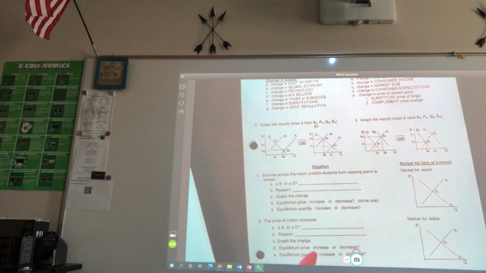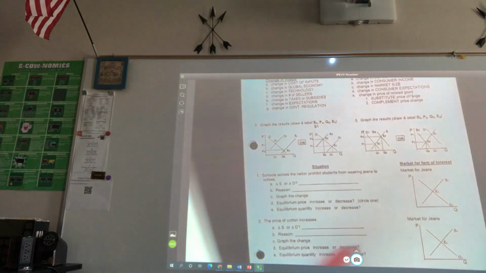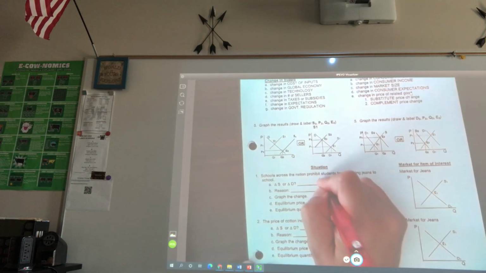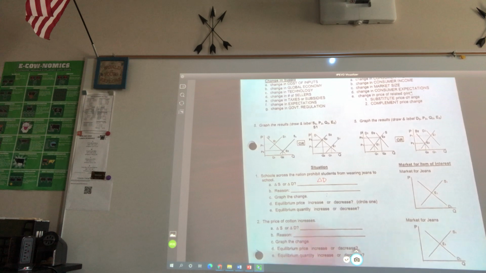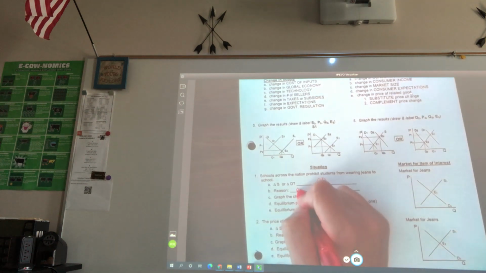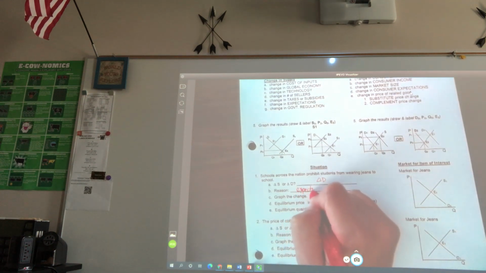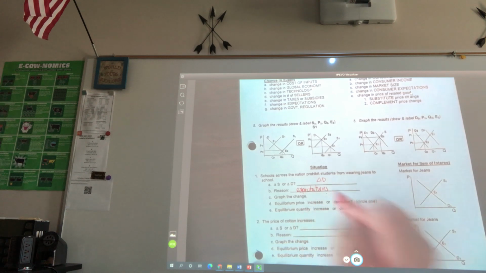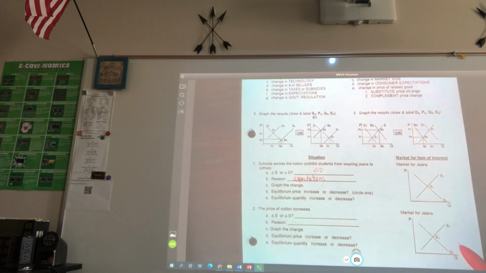Schools across the nation prohibit students from wearing jeans to school. Okay, is that supply or is that demand? This is a change in demand. What's the reason? Expectations. Students going to schools now expect, right, that they can't wear jeans. So that means they should wear, I don't know, khakis, okay?